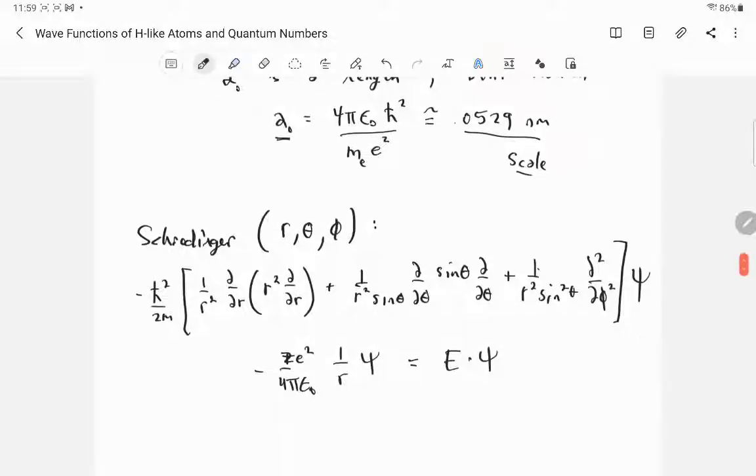Okay, so I want to point out how this Laplacian works. If you look at, for example, this part right here, this part of the operator has just a double derivative in phi. So all this is going to do is take 1 over r squared sine squared of theta and multiply it by the second derivative with respect to phi. So that's easy.